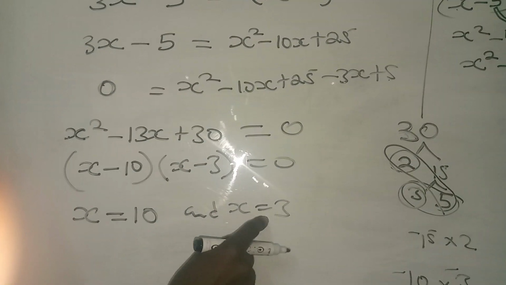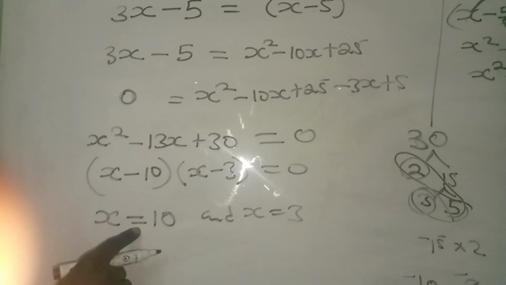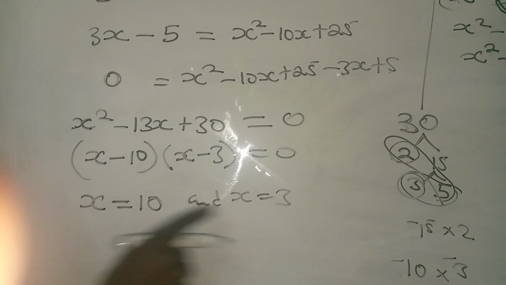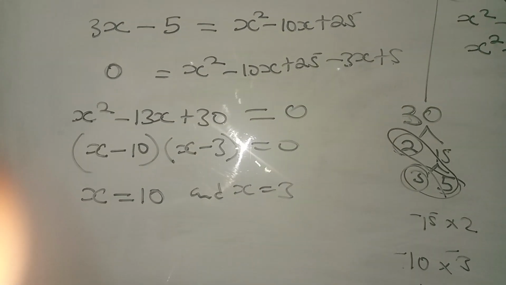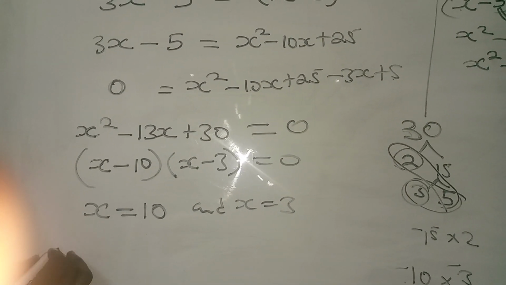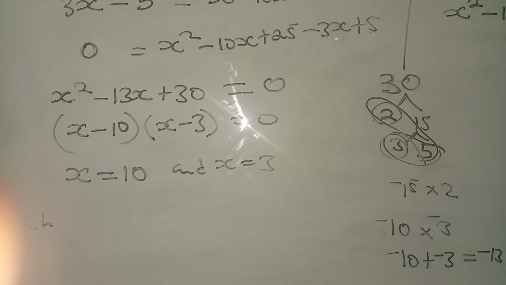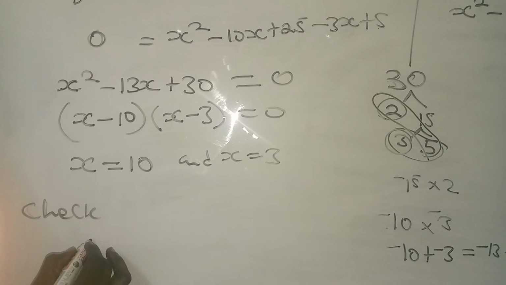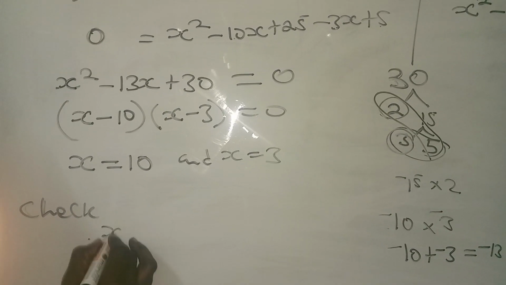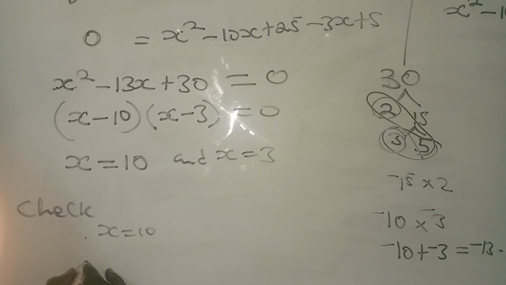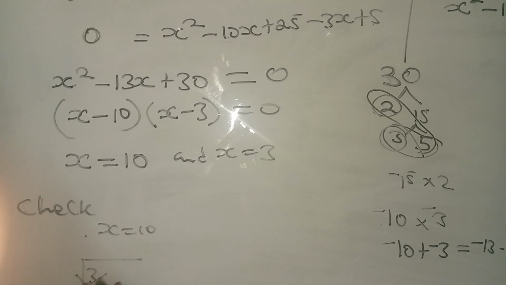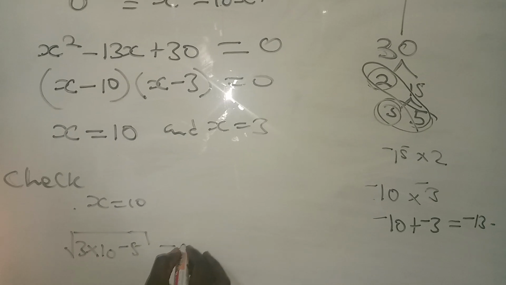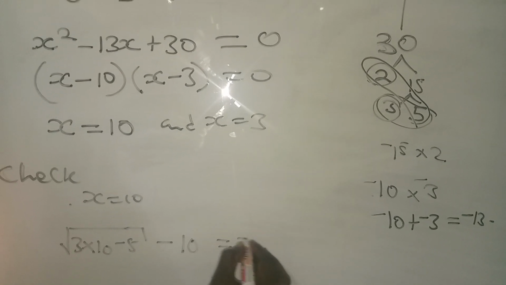you have to find out which value works, because not both values of x satisfy that equation. So you have to check which one satisfies and which one doesn't. Let's use x equal to 10. We put 3 times 10 minus 5, then minus 10, is it equal to negative 5?